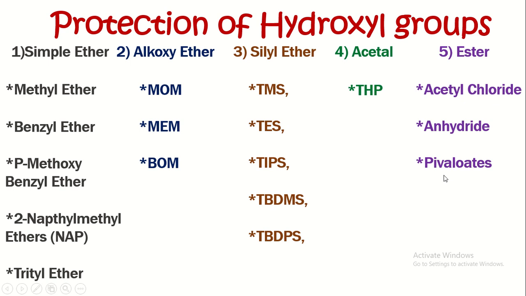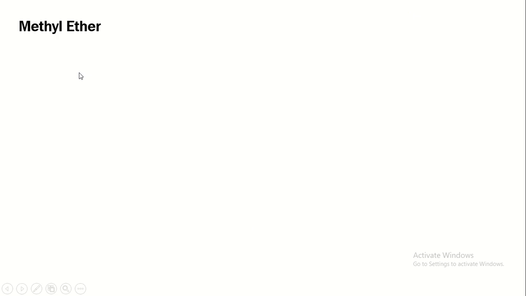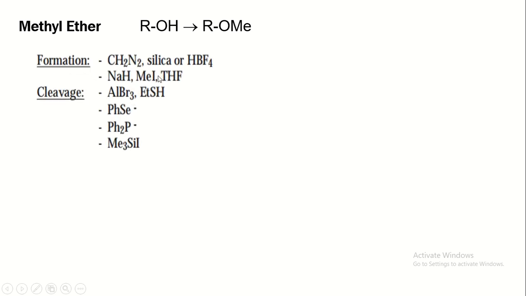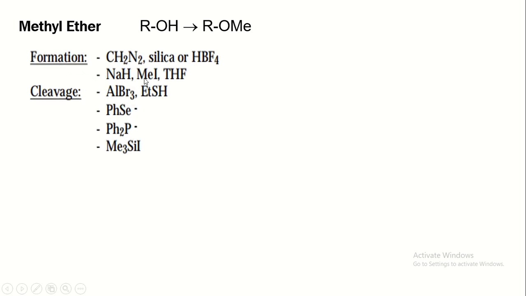Now let us discuss the protection of the OH group by using simple ethers. First, OH is converted into methyl ether. This can be done by using CH2N2 or NaH and MeI. The deprotection can be done in presence of a Lewis acid or similar reagent.